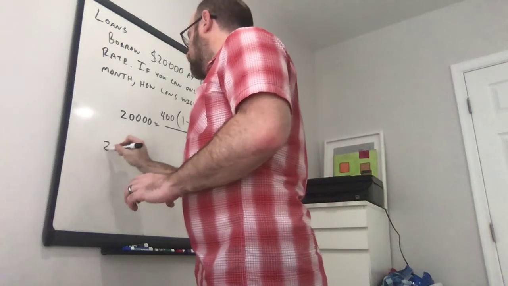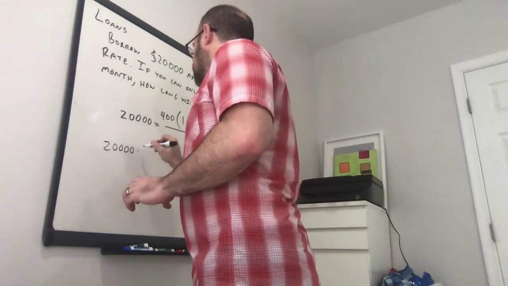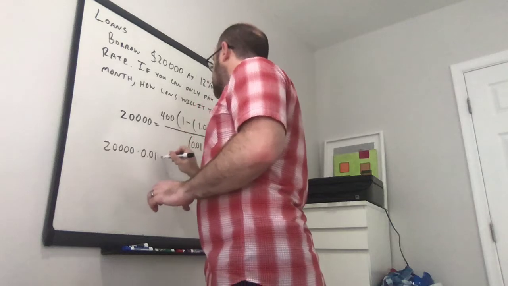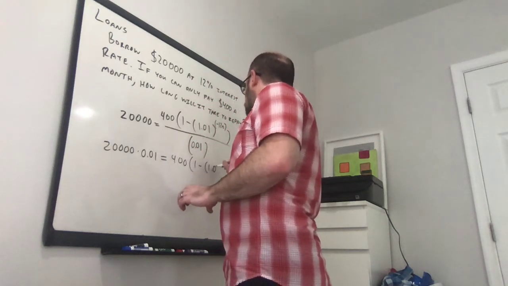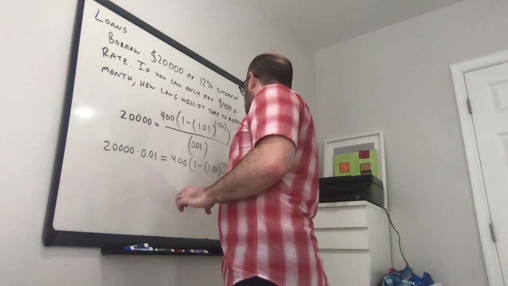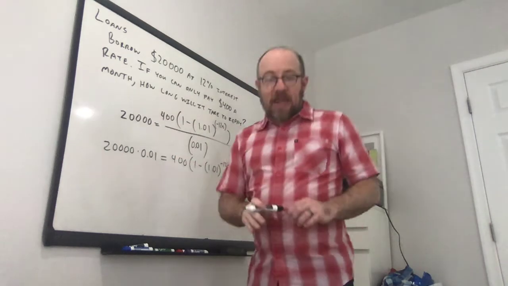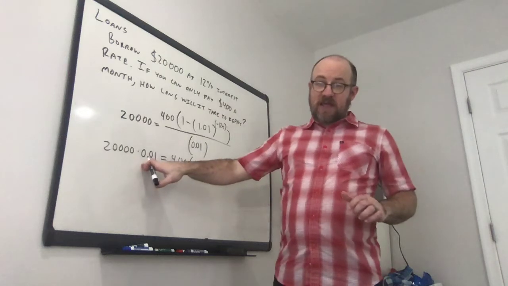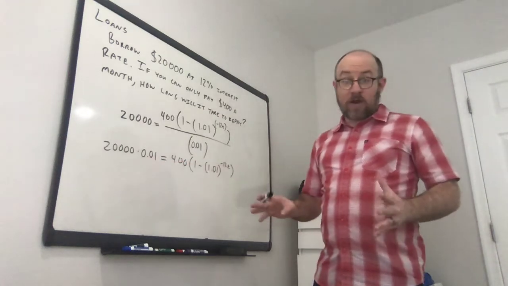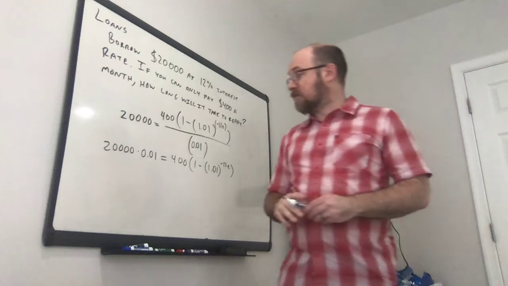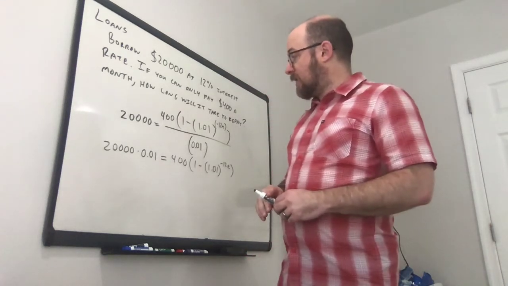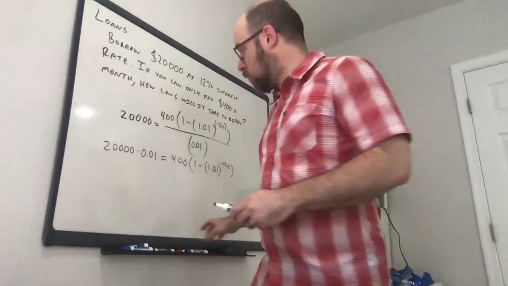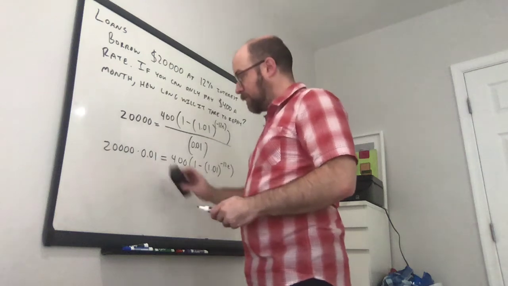So 20,000 times 0.01 is going to be equal to 400 times 1 minus 1.01 to the negative 12t. And I'm going to simplify these numbers down as we go so that we don't get caught up in it. So 20,000 times 0.01, if you put that into your calculator, is going to give you 200.